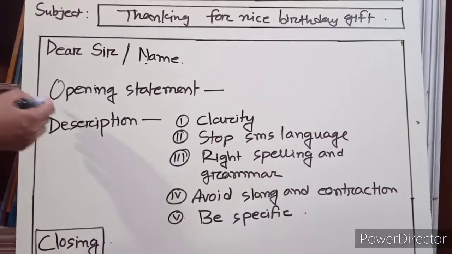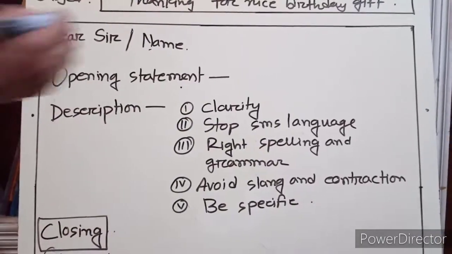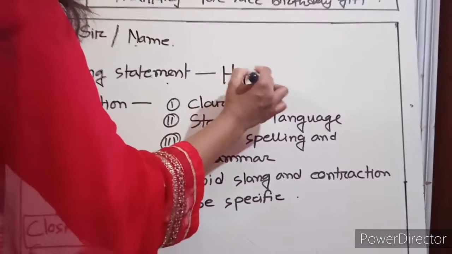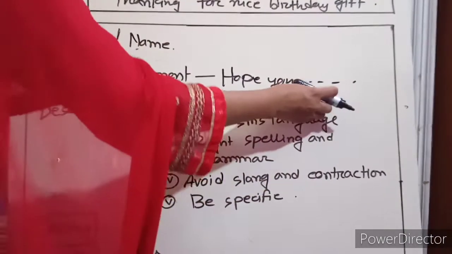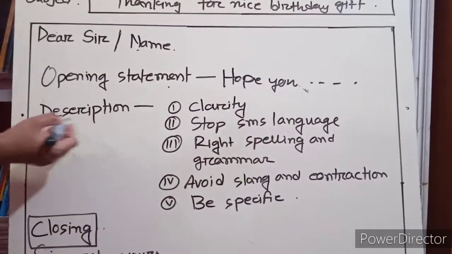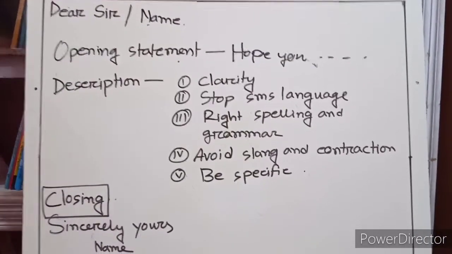After that, you have to start with an opening statement like this: hope you are well. Now comes the description. When you are writing the description, dear students, be careful.